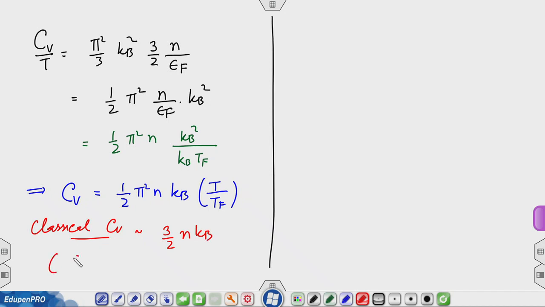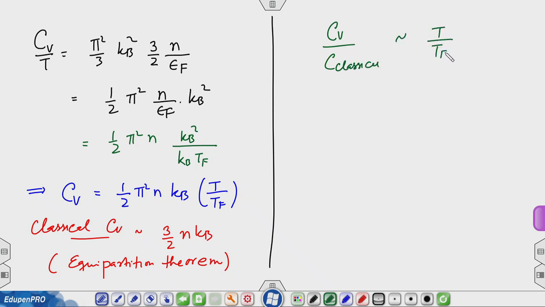This is given by the equipartition theorem, and this is what we had used earlier in the Drude model. So, when you use quantum mechanics, you take these free electron wave functions, use the Pauli exclusion principle to fill the Fermi sphere, you get Cv over C classical of the order of T over TF, which is much less than 1 at low temperatures and even at room temperature.